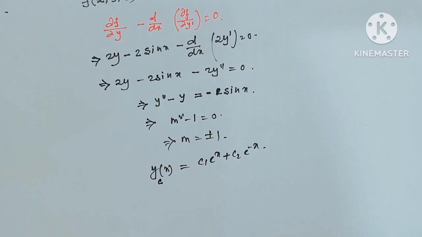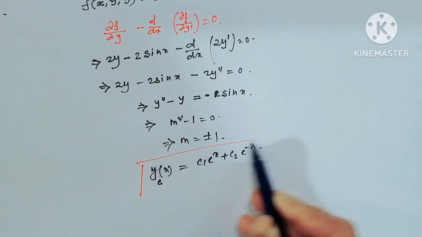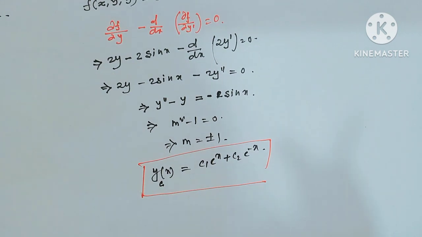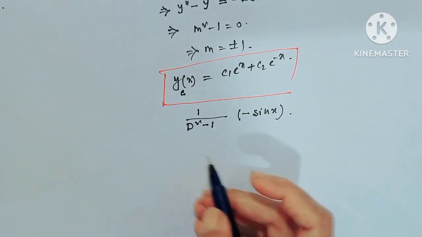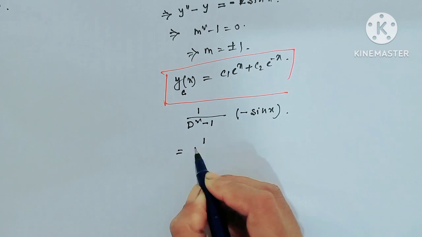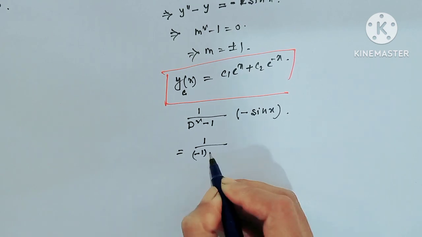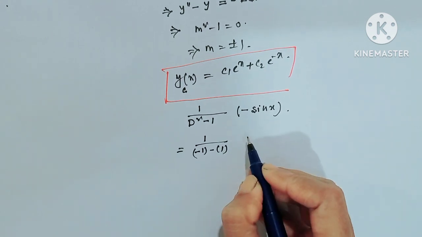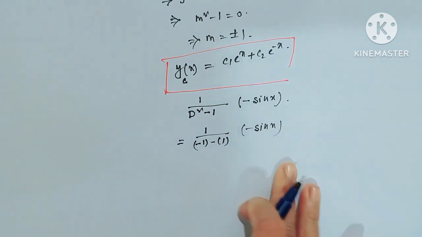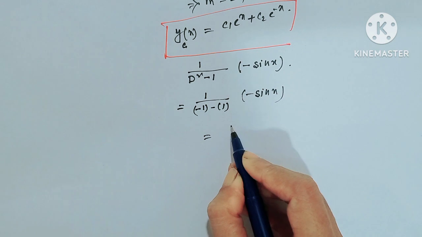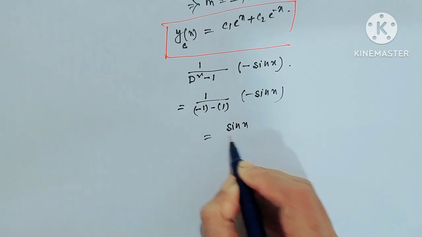Then the particular solution would be 1 over D square minus 1 times minus sin x, and this value would be minus 1 over minus 1 minus 1 times sin x, which gives sin x over 2.